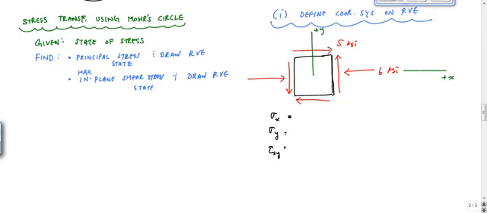Sigma x in this case would be minus 6 KSI, sigma y would be 0, and tau xy, since I am on the plus x face in the plus y direction, would be plus 5 KSI.